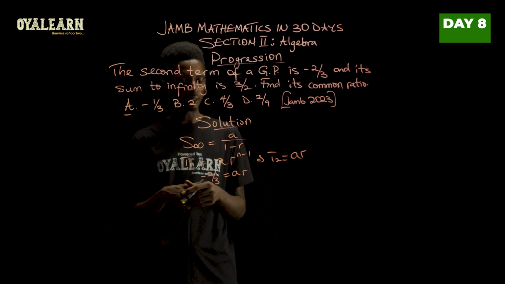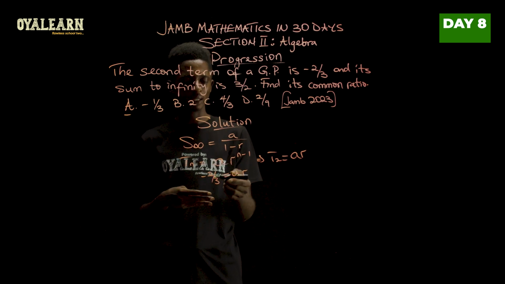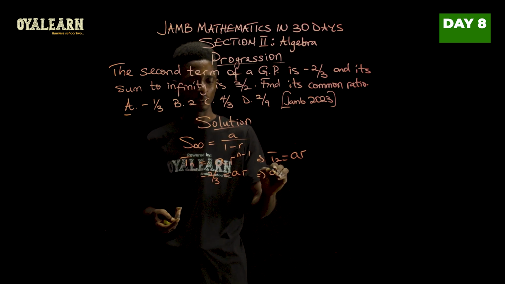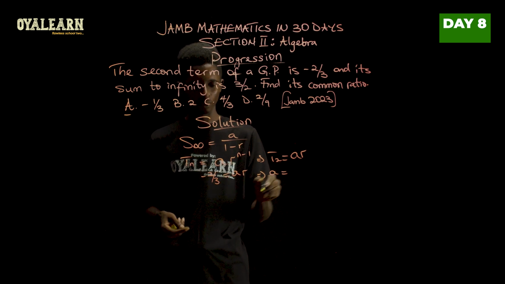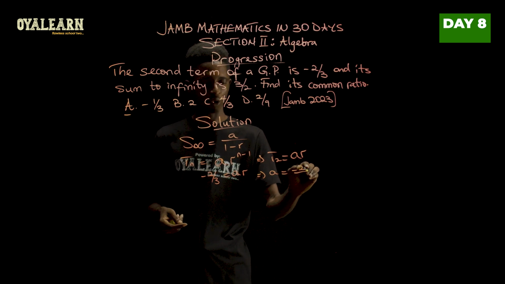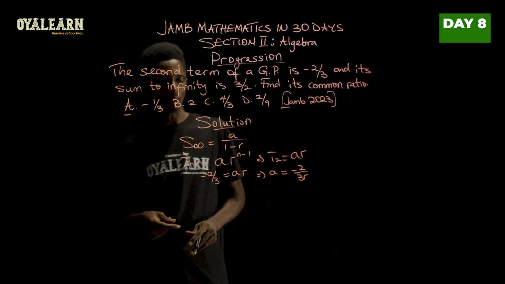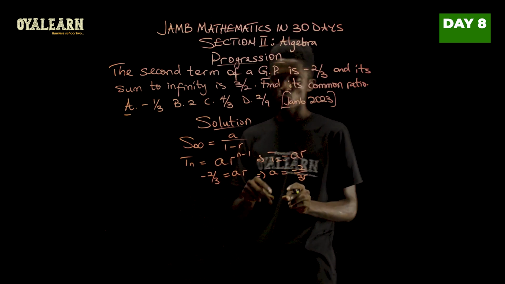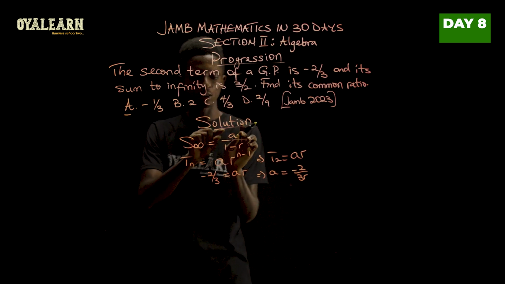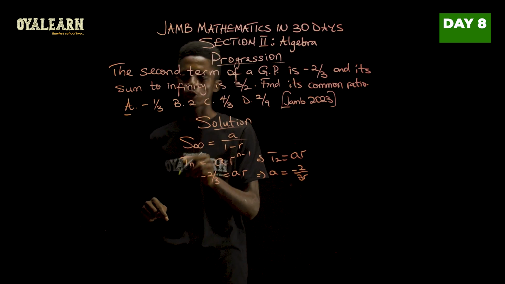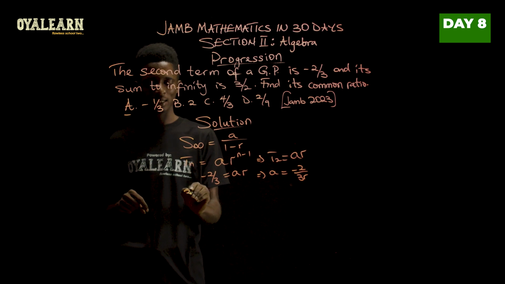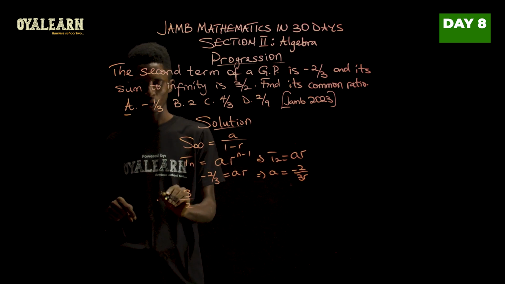So working with this, we can make A the subject of this formula. A would be minus 2 over 3r. So now we have an expression for the first term. So we can then input this into this formula here for sum to infinity. Now the sum to infinity is given as 3 over 2, right?